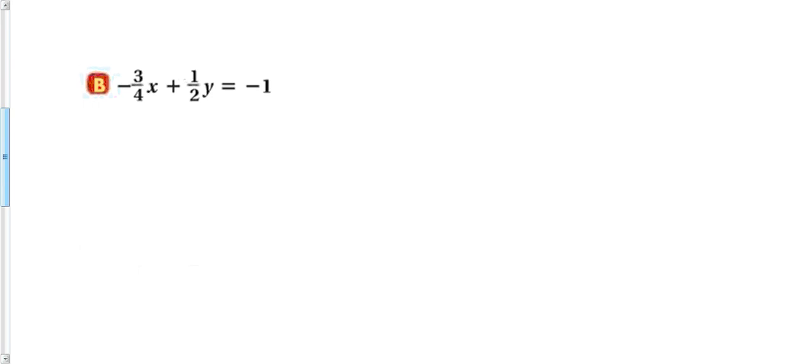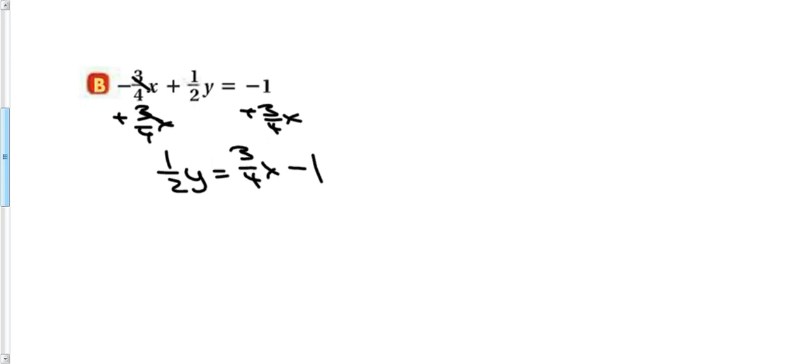That's okay. So my first step is, of course, to get y by itself. So I'm going to add 3/4 x to both sides. That gives me 1/2 y is going to be equal to 3/4 x minus 1. Now, in order to clear out the 1/2, I'm going to multiply each side by 2.